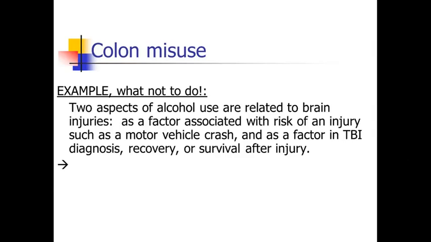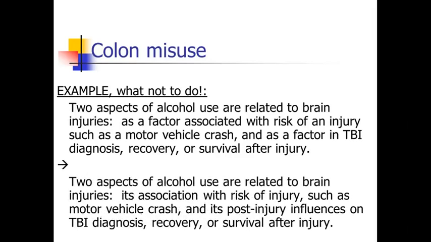So the correct way to do this one would be to say something like, "Two aspects of alcohol use are related to brain injuries: its association, that's a noun, its association with risk of injury, such as motor vehicle crash, and its post-injury influences on diagnosis, recovery, or survival after injury." You've got to change those to nouns because that's what the setup had led the reader to believe was coming.